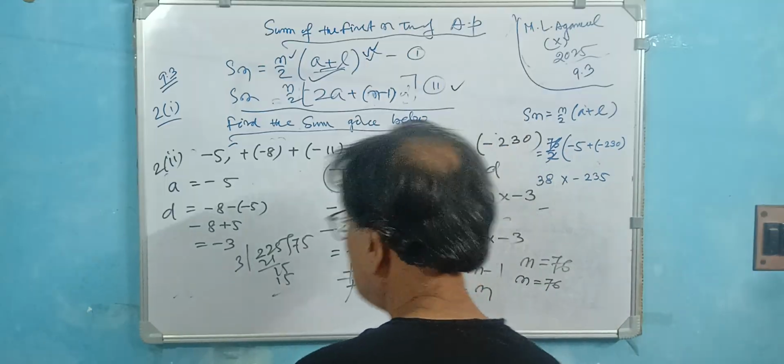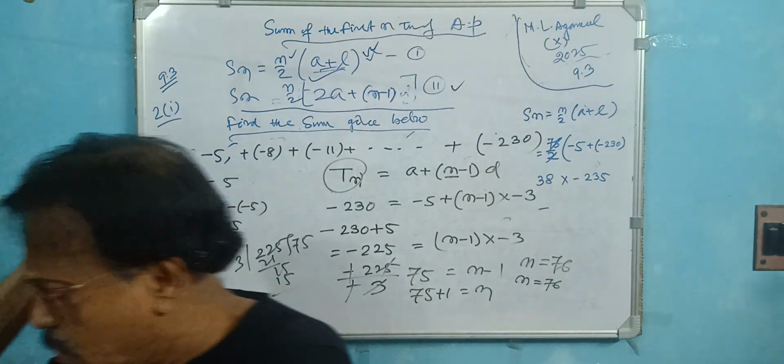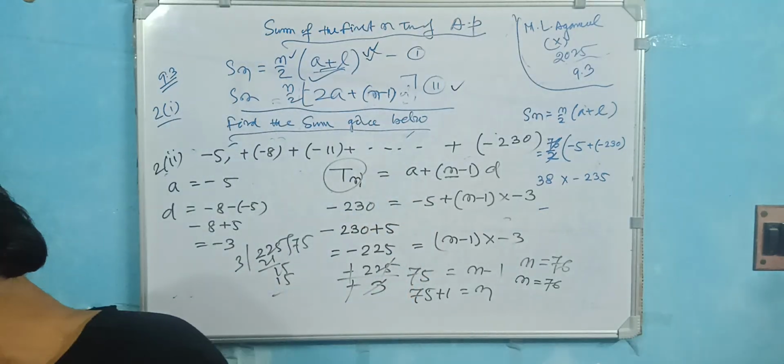So multiply: minus 235 and 38, what is the answer?